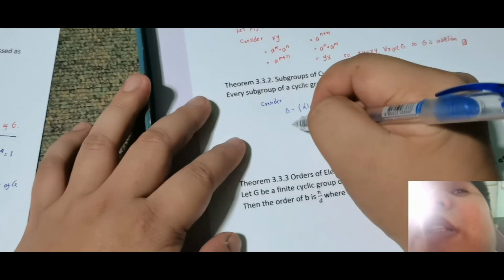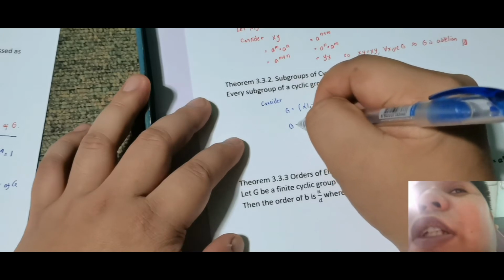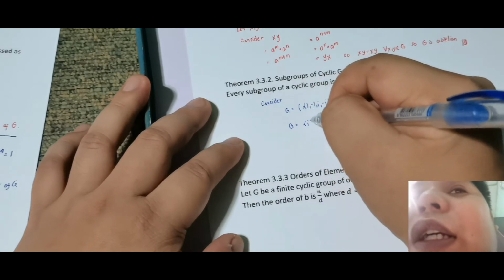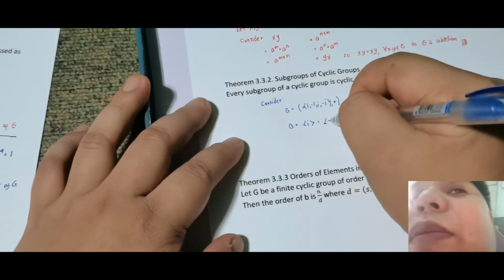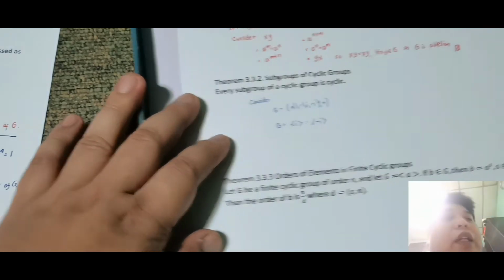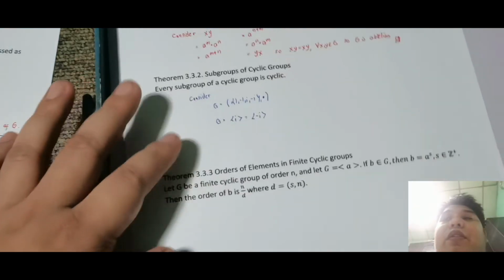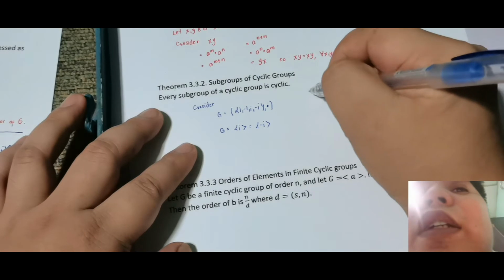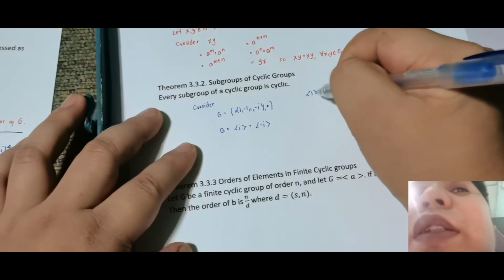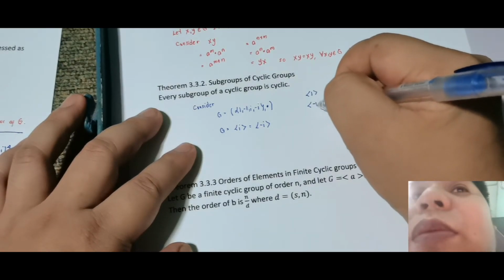Okay, so we all know that the generator, or we all know that G is just equal sa i and negative i. So, alam natin na siya ay cyclic group. Okay, so yung dalawang subgroup niya is si 1, tapos si negative 1.